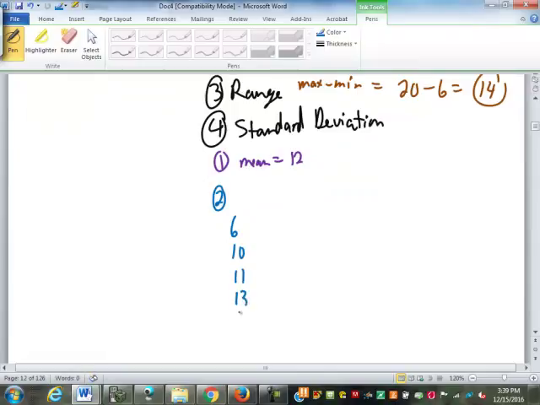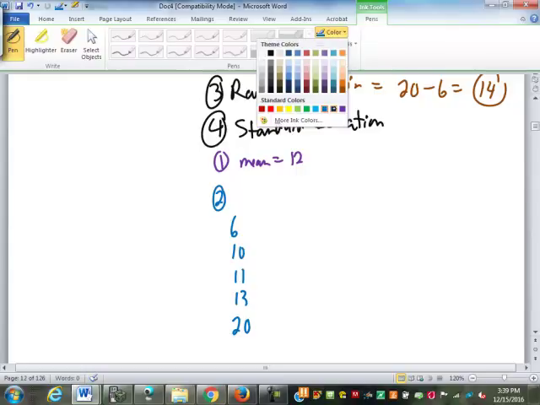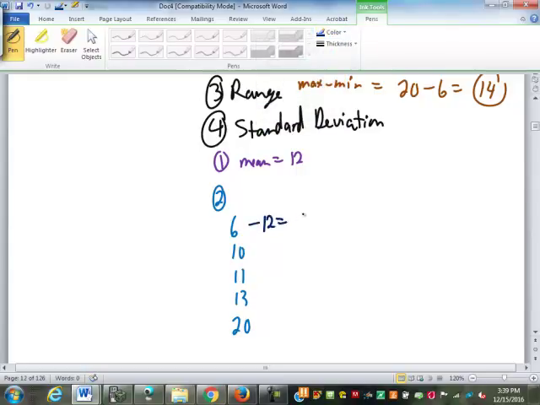What do we have to do to each number? Subtract the mean, right? So 6 minus 12 is negative 6. 10 minus 12 is negative 2. 11 minus 12 is negative 1. 13 minus 12 is 1. 20 minus 12 is 8.